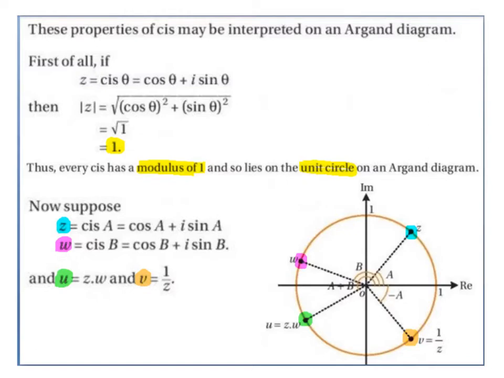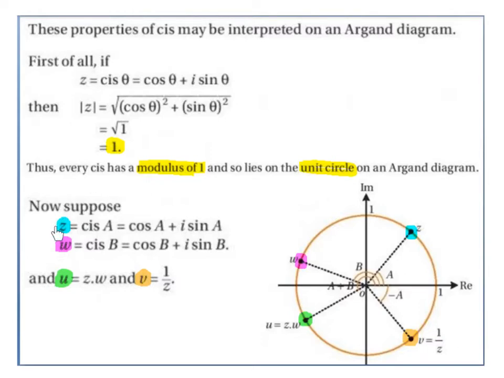So we get the square root of 1, which is 1. Thus, every cis has a modulus of 1, and so lies on the unit circle of the Argand diagram. So here's our real axis, here's our imaginary axis, and here we have our unit circle, which has a radius or modulus of 1.